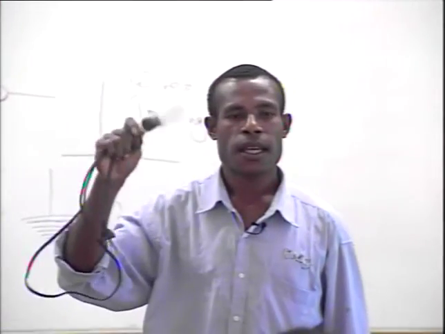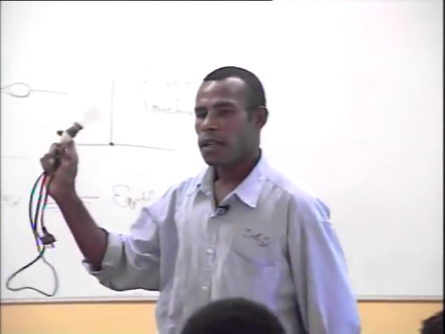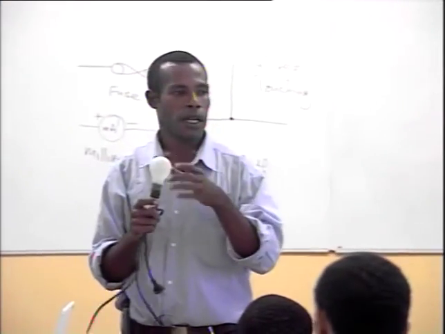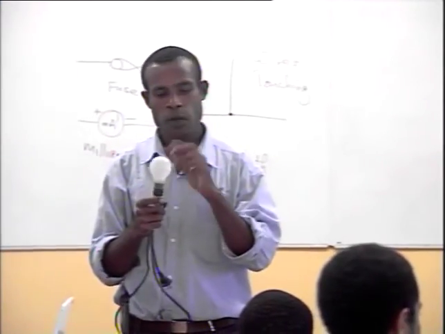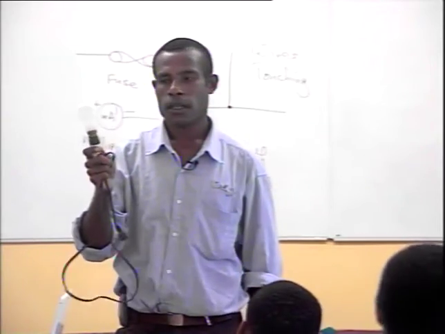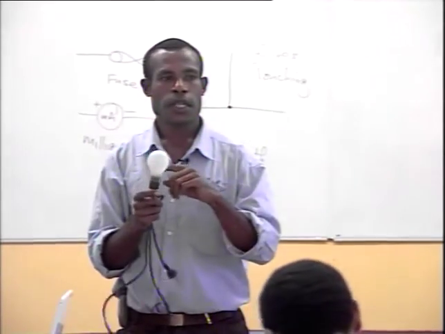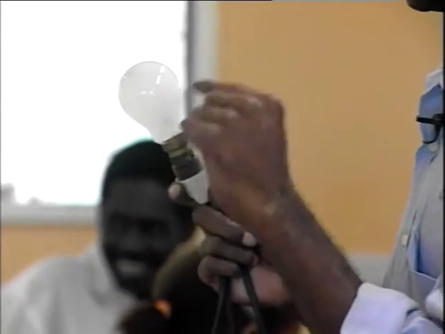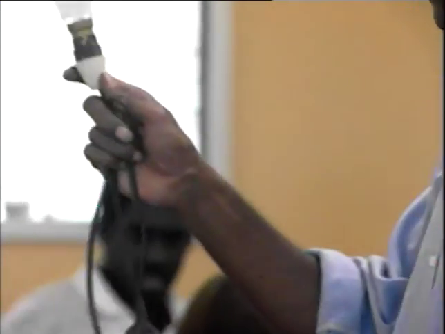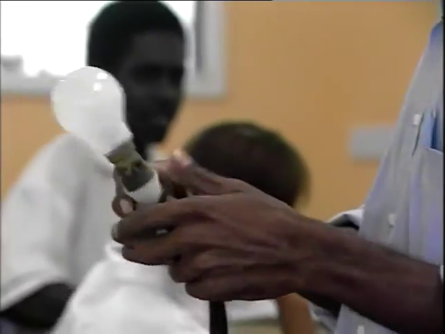Okay, this is a lamp, because it has some kind of chemicals in place. Probably it may contain argon or something like that. The reason for this is that it has to prevent the filament from burning out. Okay, so this is a light, a lamp.